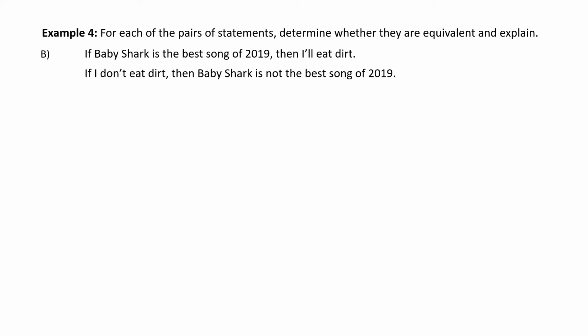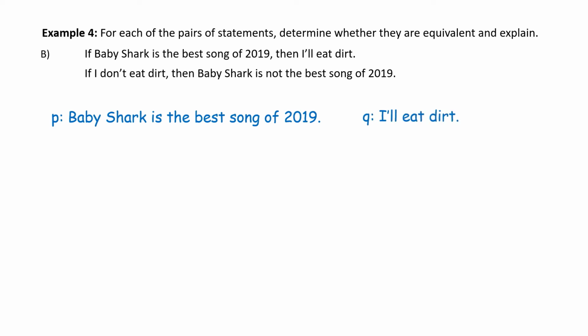Let's assign symbols to those words. I'll let P be Baby Shark is the best song of 2019. Q is I'll eat dirt. So for statement 1, if Baby Shark is the best song of 2019, that would be P, right arrow, I'll eat dirt is Q. Symbolically, that would be P implies Q. And for statement 2, if I don't eat dirt, so that would be not Q, then Baby Shark is not the best song of 2019.